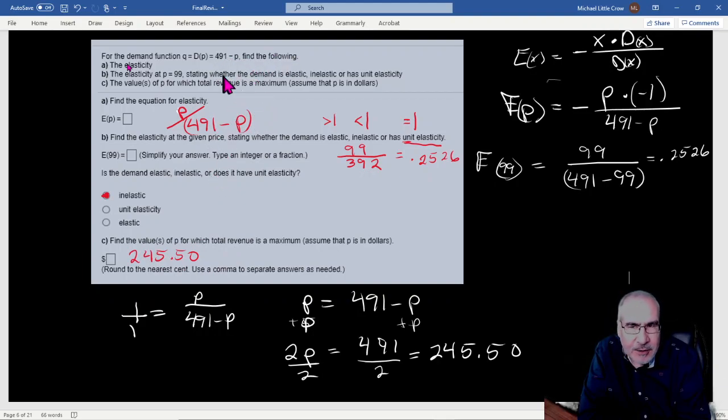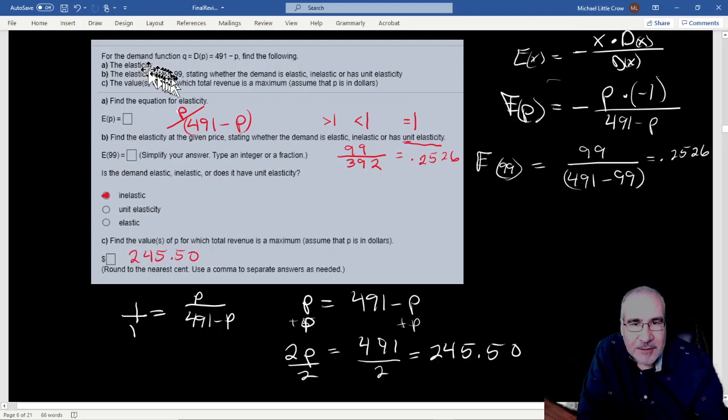That gives us the demand, the amount that we would sell. So 245.5, multiplied by the price, and we get our revenue. But that's not the question. Anyway, hope that helped.